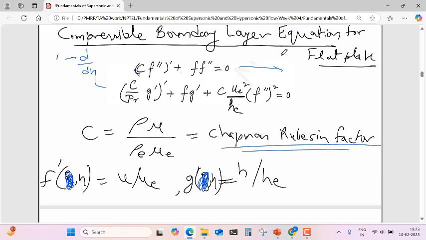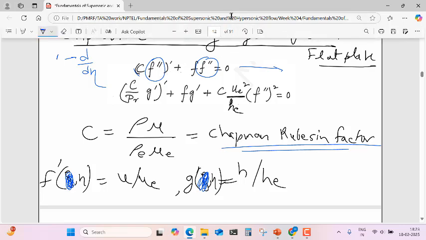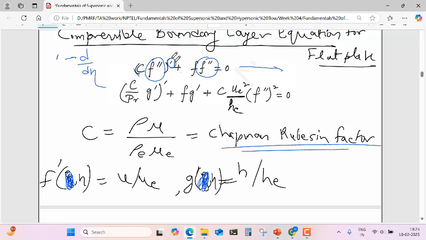First order, second order, third order, fourth order? Which? Second order? No, see again. You are seeing the second order here, or here. Based on that, are you telling? But see again, there is one more derivative here also.